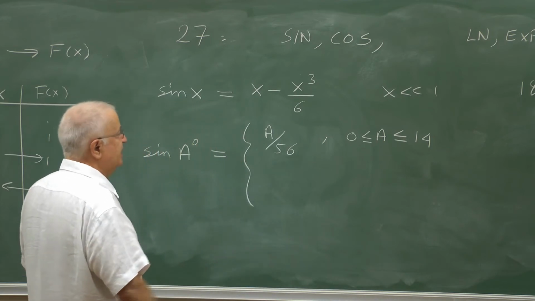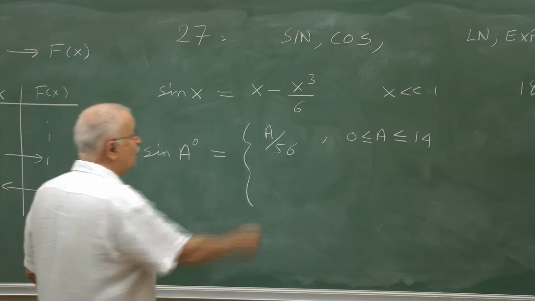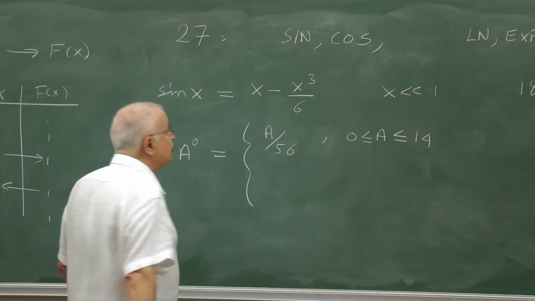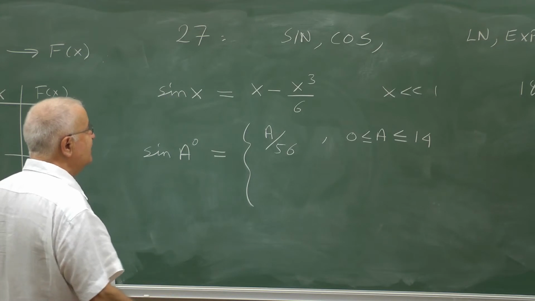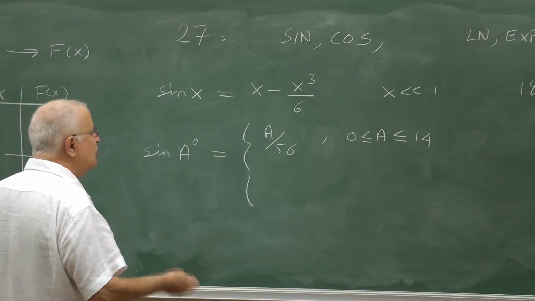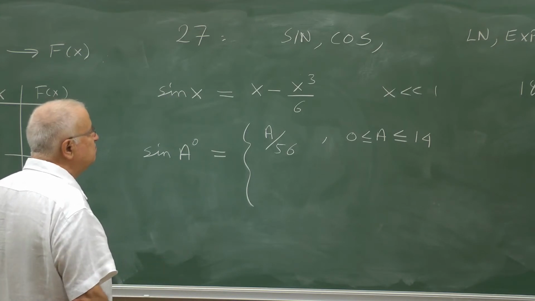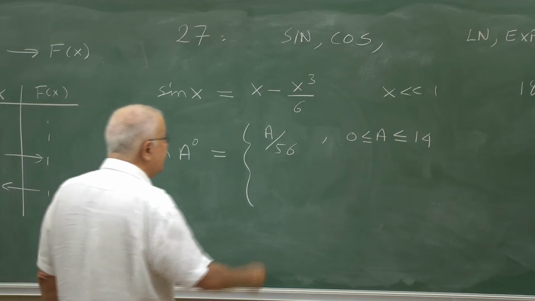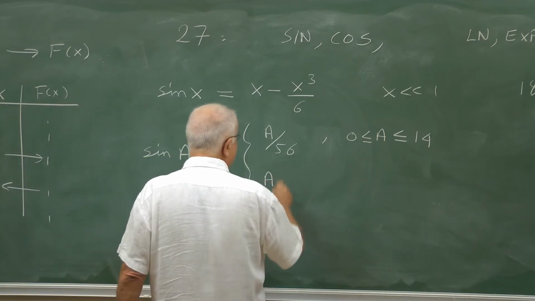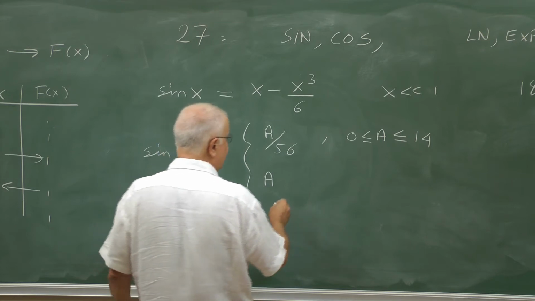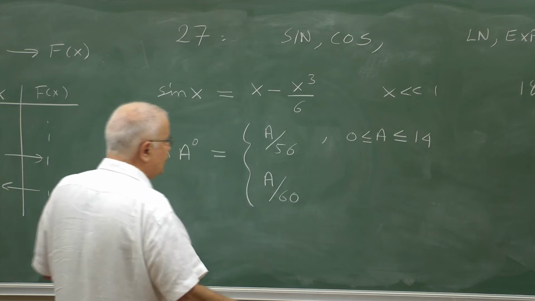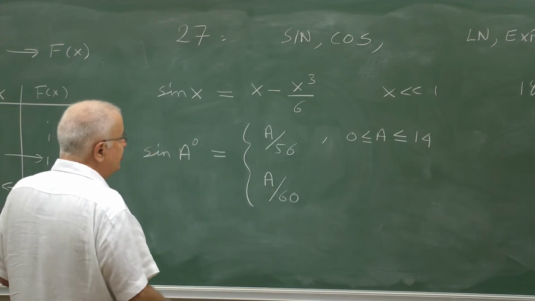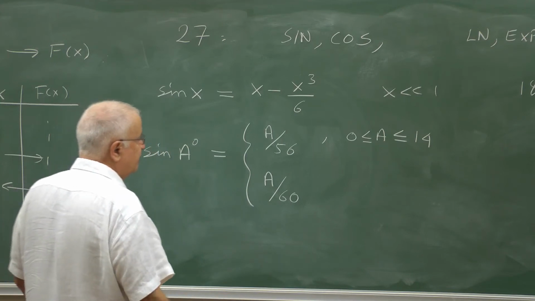Now, as A gets larger, of course, this negative term gets into effect. So sine x is somewhat smaller. So if I want a simple formula, I should take A and divide it with a somewhat larger number. 60 is a wonderful integer. It is divisible by nearly everything.